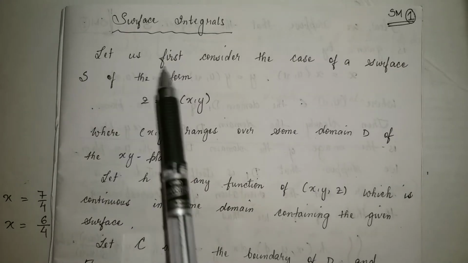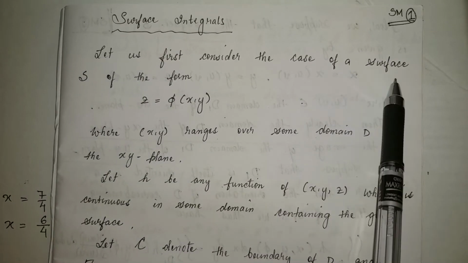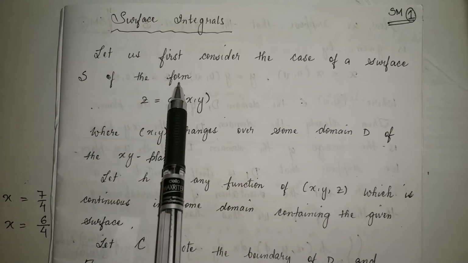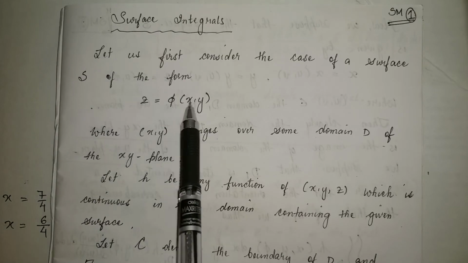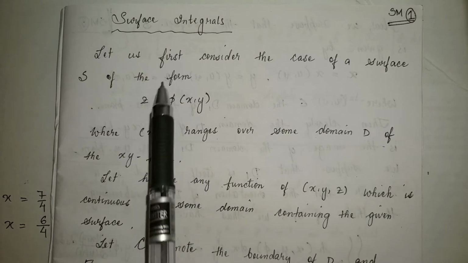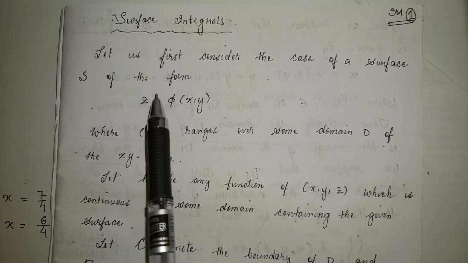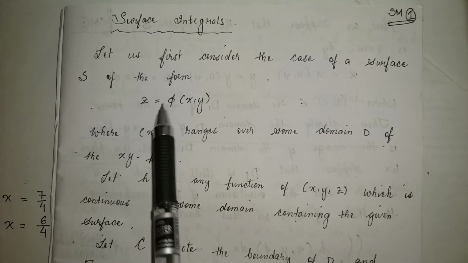Okay, let me read. Let us first consider the case of a surface S of the form z equal to phi of x and y. This is the first way of defining a surface. Remember, this is a surface in R3.